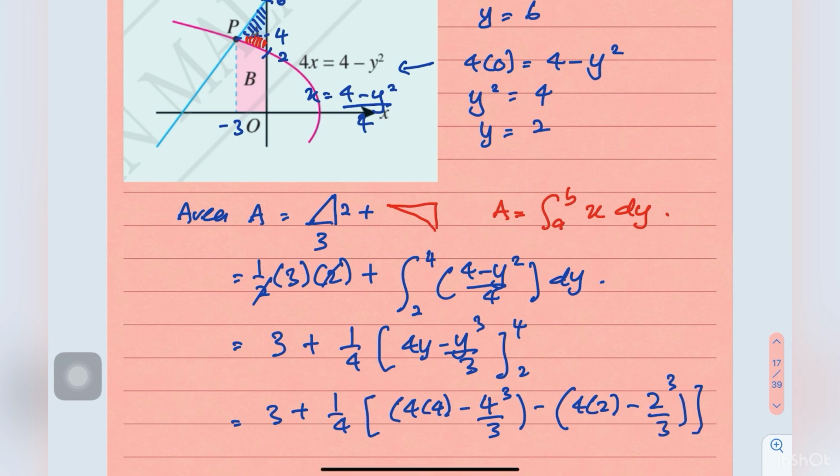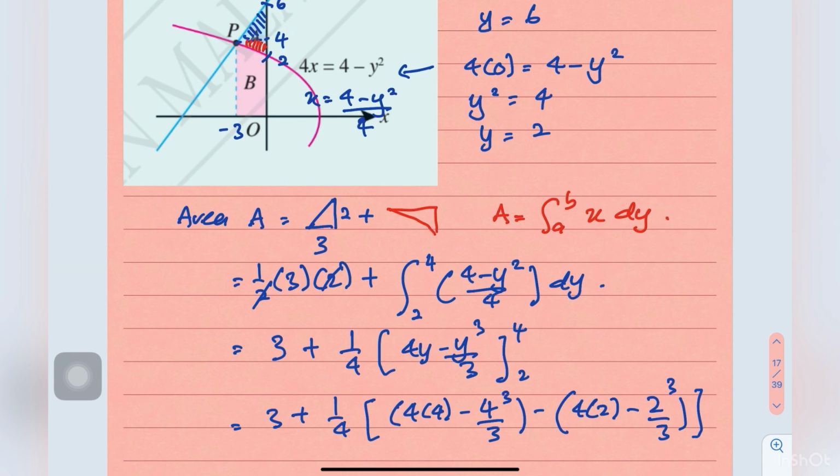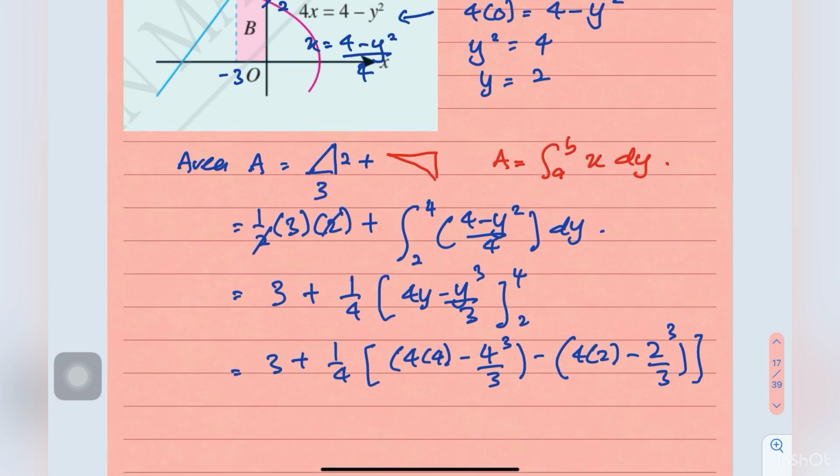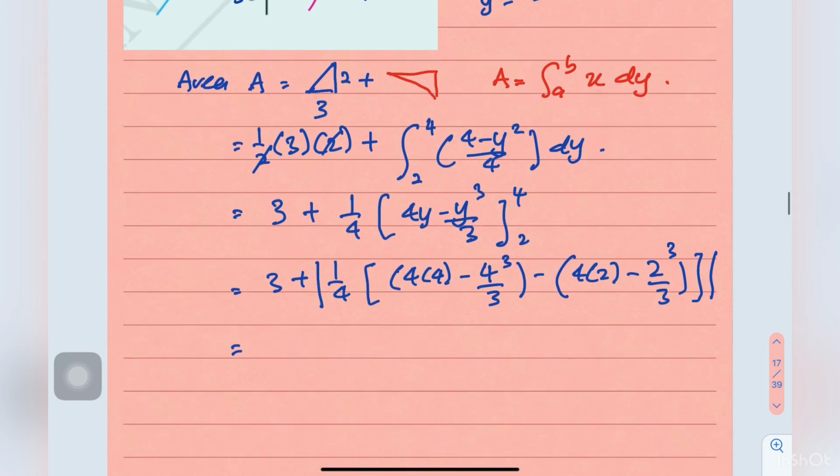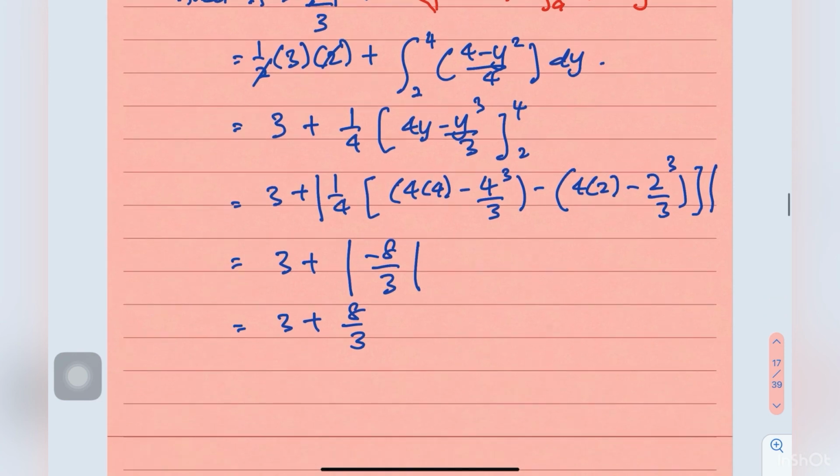Now we can see the red shaded region is at the left of the y-axis, meaning the value is negative, so we make it positive by putting modulus. You will get 3 plus negative 8 over 3, and making it positive, 3 plus 8 over 3 is 17 over 3 unit squared.